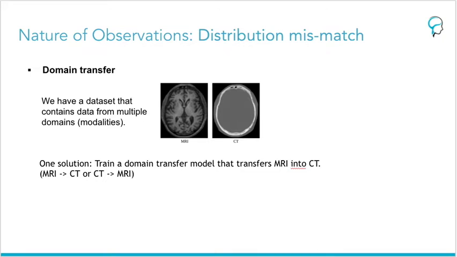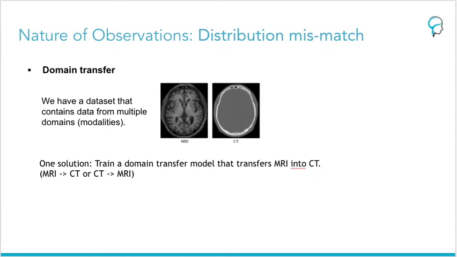One solution would be to train a domain transfer model to transfer MRI into CT and do both training and prediction in the CT domain, or vice versa, to transfer CT to MRI and do both training and prediction in the MRI domain.